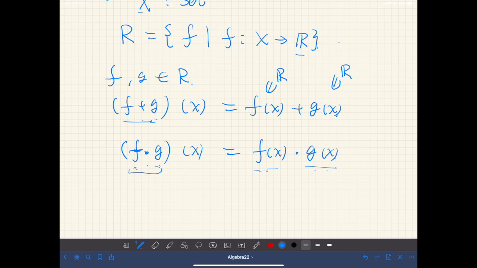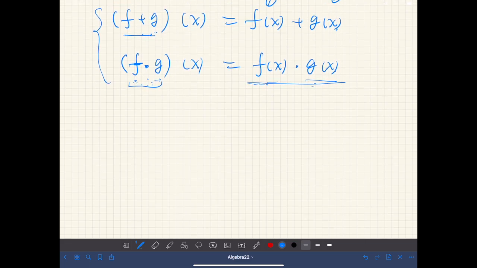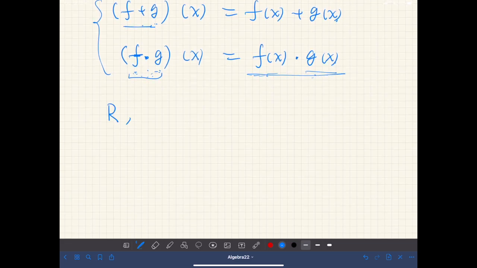This way we can define addition and multiplication, and this set of functions together with these binary operations, addition and multiplication, is a ring.